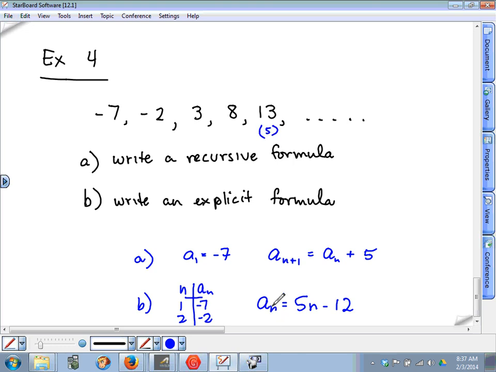Would this also work for the fifth term? 5 times 5 is 25. 25 minus 12 is 13. So this is called the explicit formula. This formula can give you any term in the sequence at any point, not just a term based on the one in front of it. That's the two differences there in types of formulas. There's a recursive formula and an explicit formula.